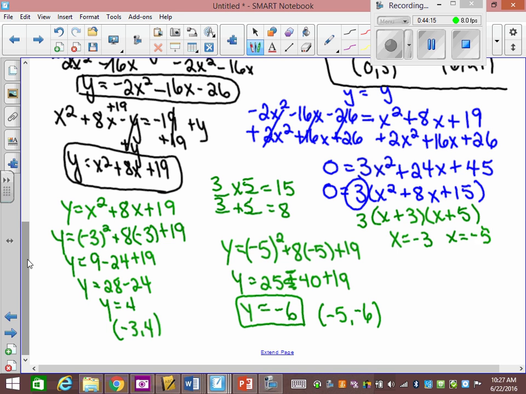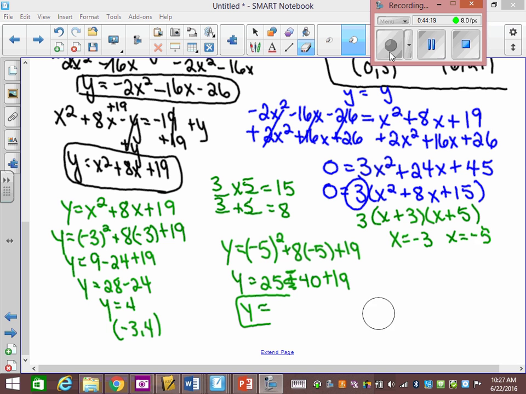Okay, check it on your calculator. This is 4. It would have been better as a 6 because it made it rhyme, but it doesn't work out that way. Negative 40, positive 36, negative 4.